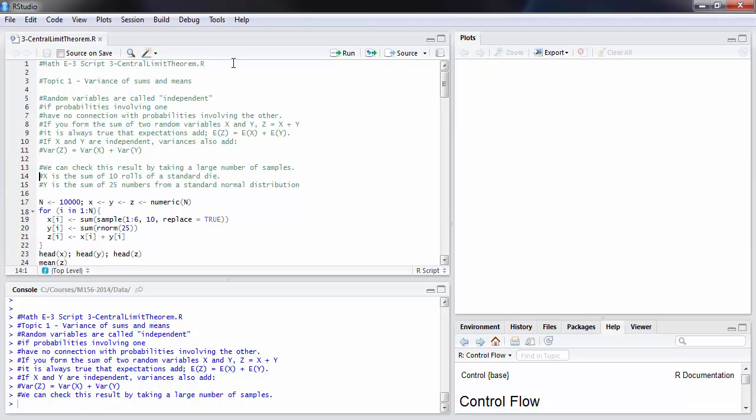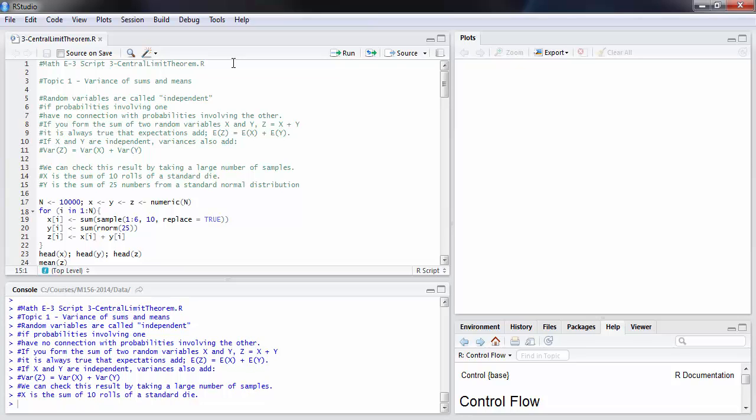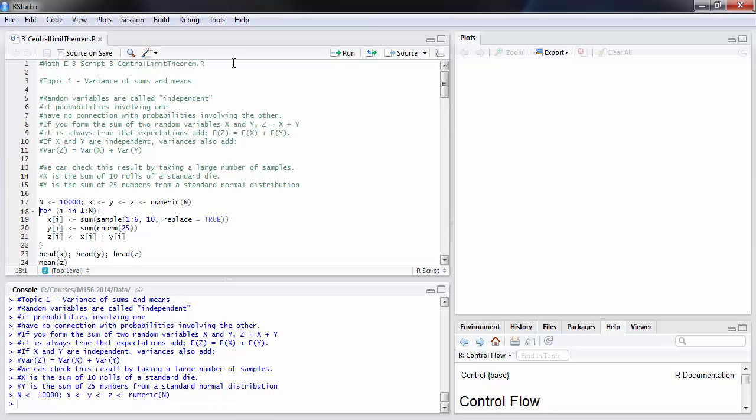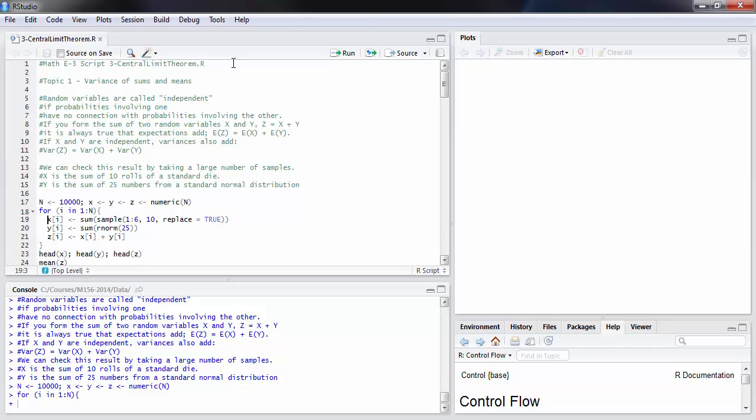So we're going to try this with a large number of samples, 10,000 to be precise. I'm setting up x, y, and z as vectors with 10,000 empty slots to hold the result. And as we go through, in the ith slot for x, I will sample from 1 through 6 10 times with replacement, and then form the sum, thereby simulating the sum of the rolls on 10 dice.